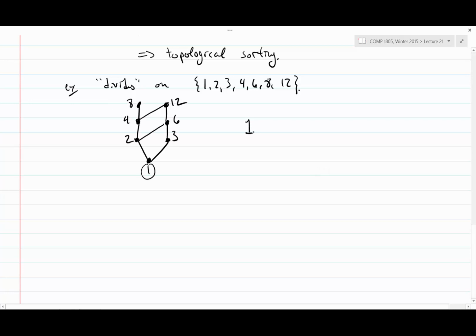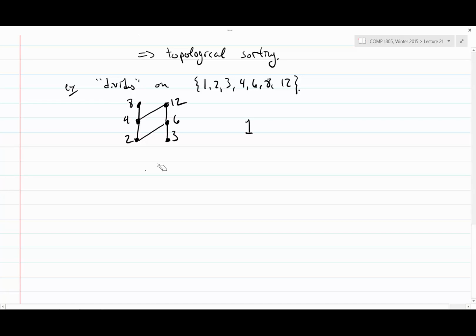And now what I do is I remove 1 from my Hasse diagram. So I take out 1. And in taking out 1, I also need to take out everything leaving 1, right? Because every one of these edges has to start somewhere and end somewhere. So I do that, and now I'm left with a new Hasse diagram. It looks like this.